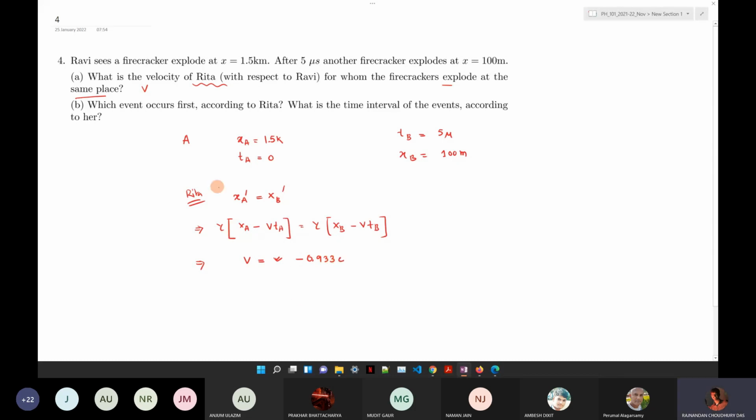So we assumed Ravi was stationary like this and Rita was moving with v like this, but we got a negative sign. That means Rita was not moving this way, Rita was moving this way. In this question you just have to look at this sentence: if they explode at the same place, this will be the equation, then again the transformation relations.